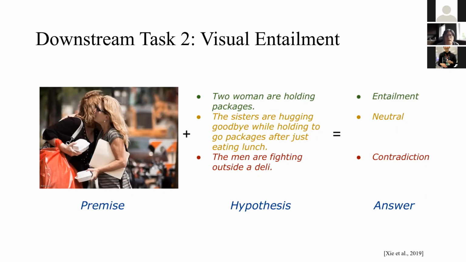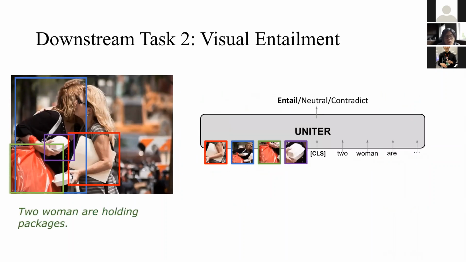Similar to NLI, VE tests the model's understanding of the logical relationship between image and text. Vision and language pre-trained models can easily adapt to this as well. We simply feed the image and statement into the model and formulate it as a 3-way classification problem for entail, neutral, and contradict.